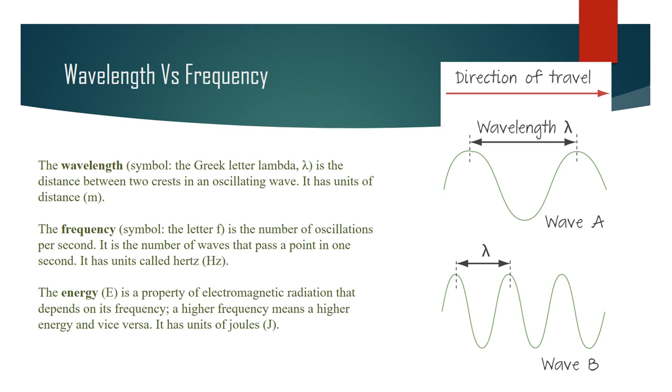However, generally, we will be reporting them in nanometers because the wavelengths that we look at are quite small. Frequency is given the letter f and is the number of oscillations, so how many times a wave goes past a certain point in a second. The number of waves that pass this point per second is measured in hertz.